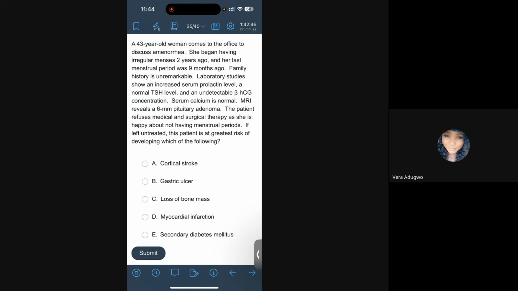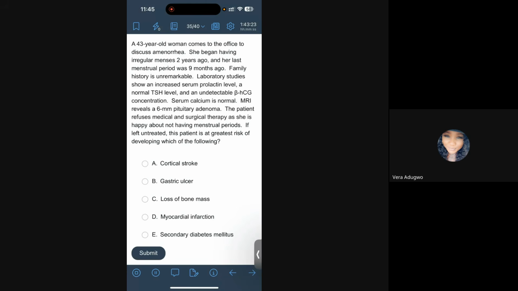Last menstrual period was 9 months ago. Increased serum prolactin levels, normal TSH, and undetectable beta HCG concentration. MRI reveals a 6 mm pituitary adenoma. So he has given us the diagnosis. The patient refuses medical and surgical therapy, and she is happy about not having menstrual periods. So he is asking what other symptoms we are most likely to see in this patient.